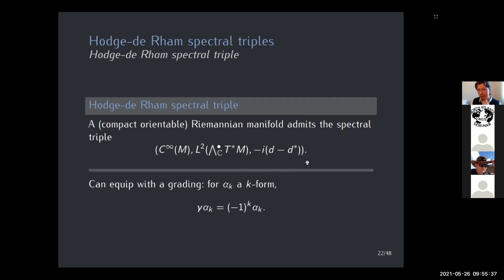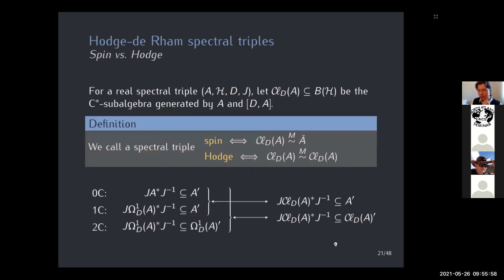And this d star. Sorry, I'm still confused. So you defined what it means for a real spectral triple to be spin and to be Hodge. Yes, and now you give an example, a compact orientable manifold, which does give rise to a spectral triple, but not a real one. Am I right?